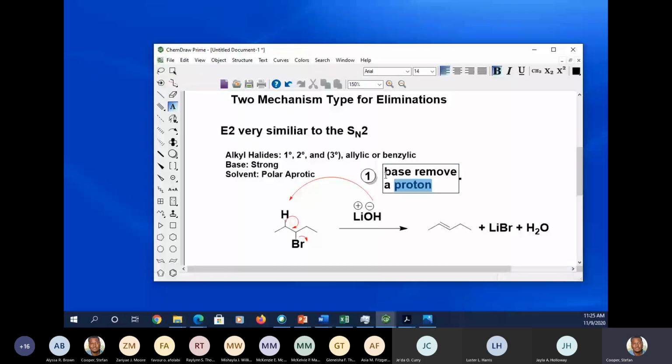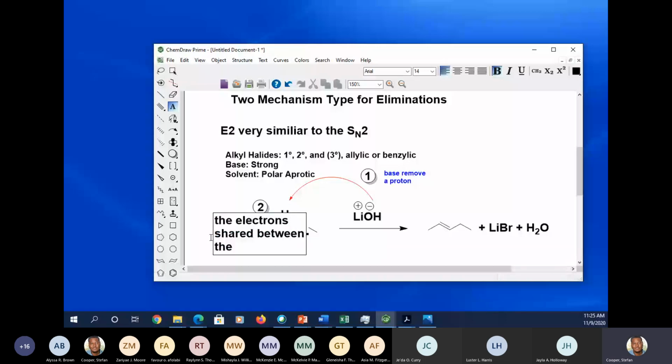Please keep in mind what a proton is. Step 2 of this process is where the electrons shared between the proton and carbon are used to form a double bond.